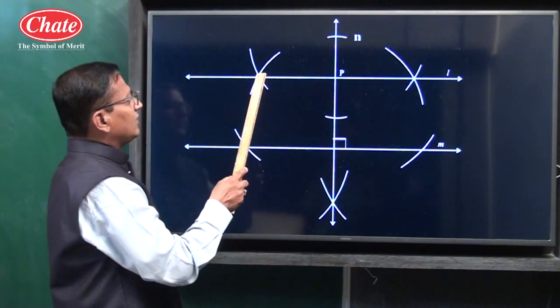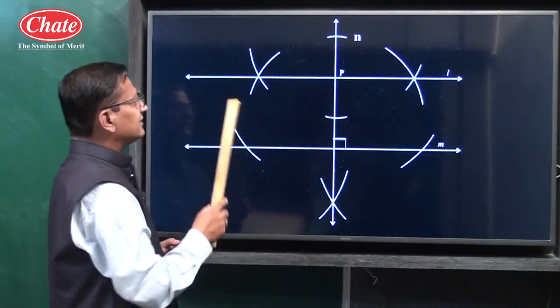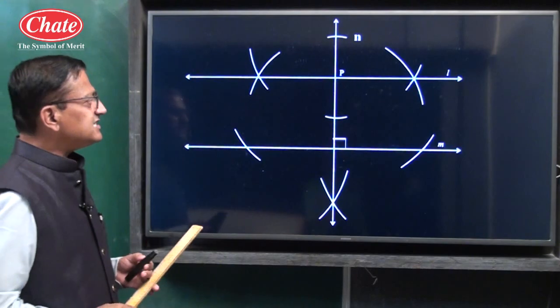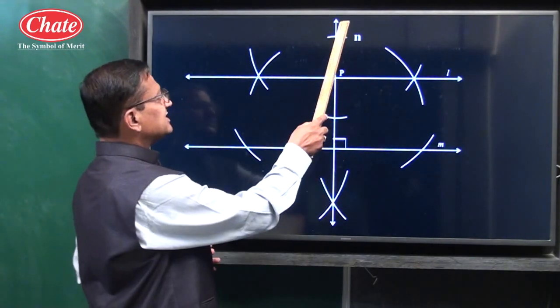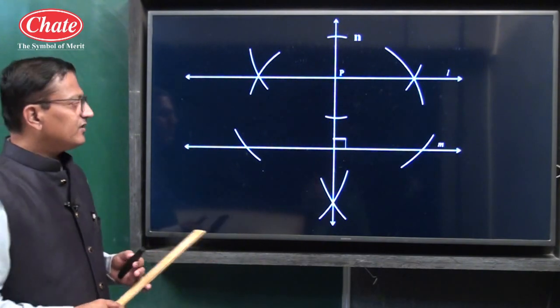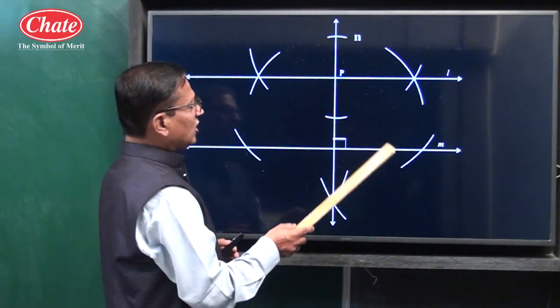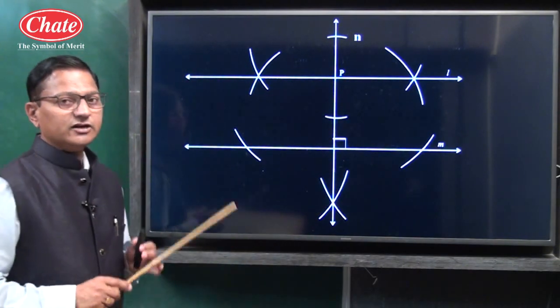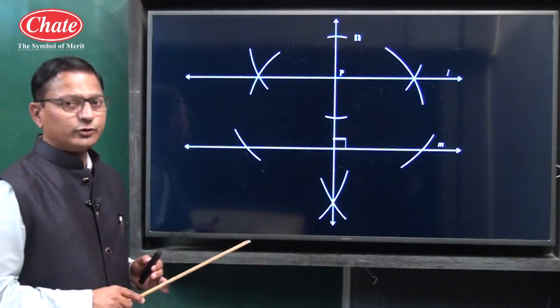And from the intersecting point of two arcs, we can draw a line L which is perpendicular to this line but parallel to line M. So here we can draw a line L parallel to line M by drawing two perpendicular lines.